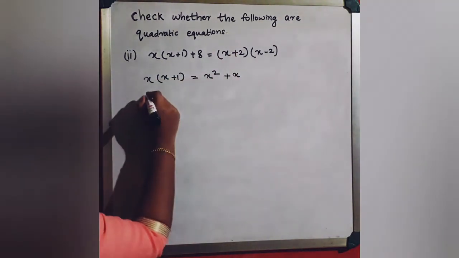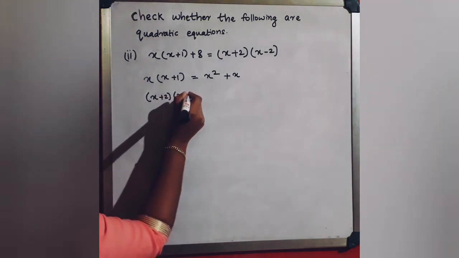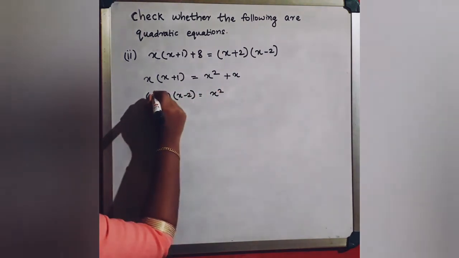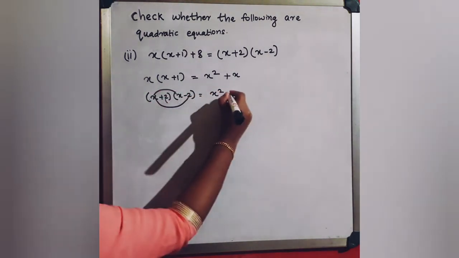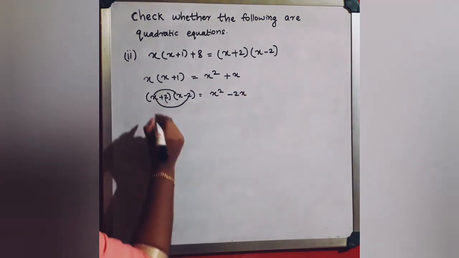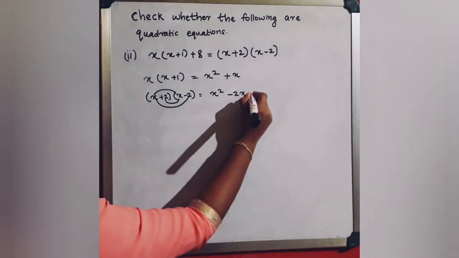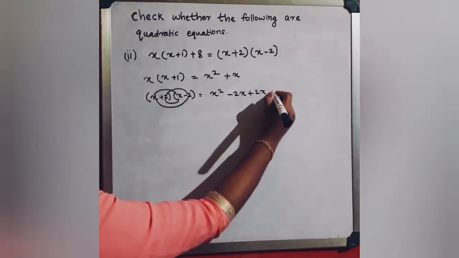Also consider the RHS, x plus 2 into x minus 2. That is x into x is x square, x into minus 2 is minus 2x, 2 into x is plus 2x, and 2 into minus 2 is minus 4.